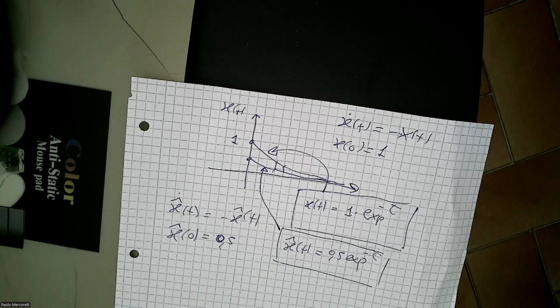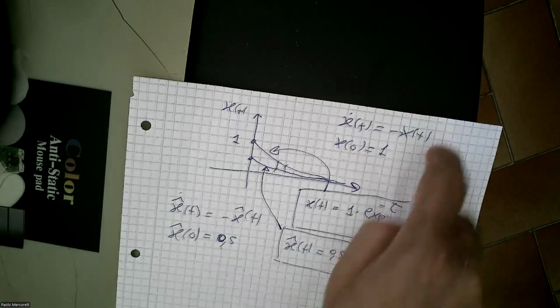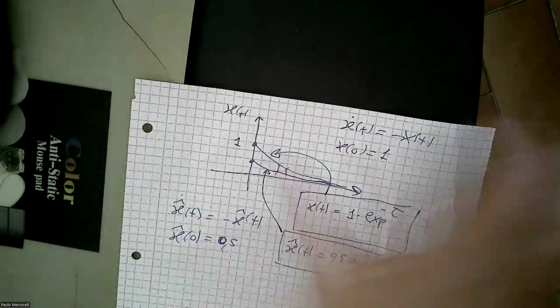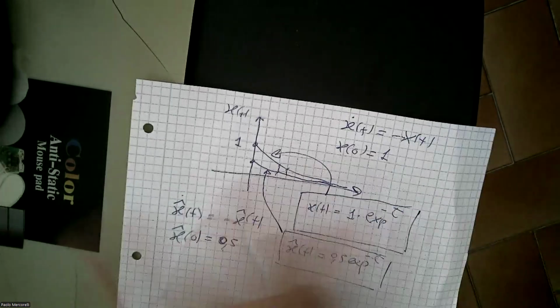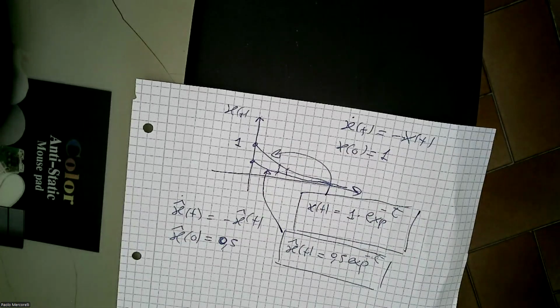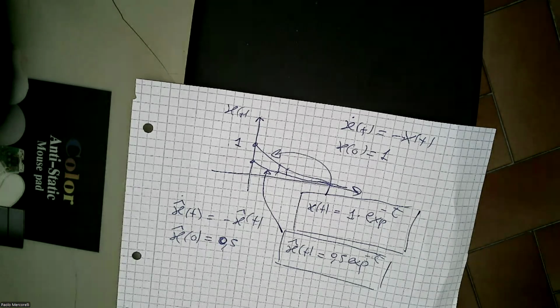If I had here the static friction, or at least I can consider here the static friction, we can think that the observer can reach the real state in finite time. I will not show you.